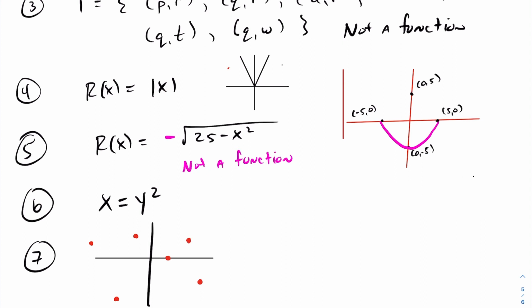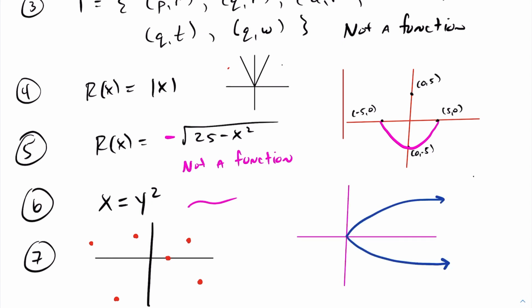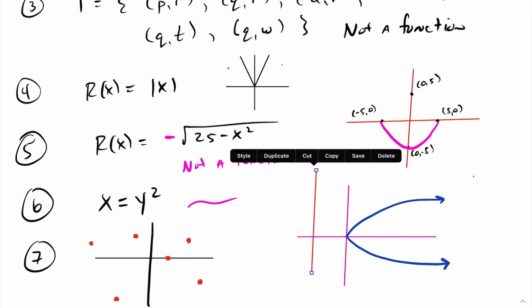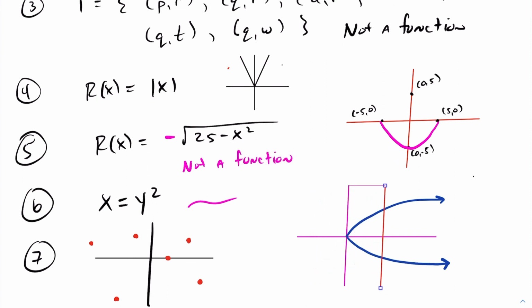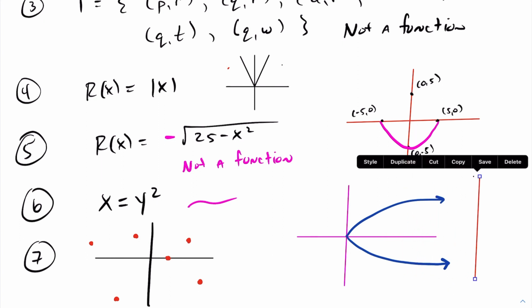For number 6 here, if we go to graph number 6, graphically it would look like this. Again, doing the vertical line test, you can see it fails the vertical line test. For a given x, there is a situation where you have 2 different outputs, and this is not a function in x.